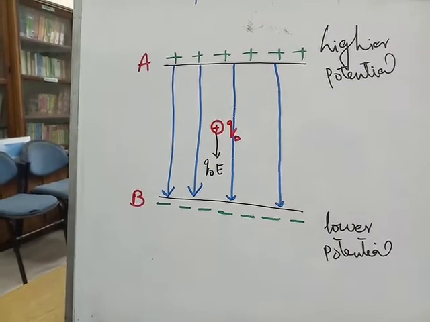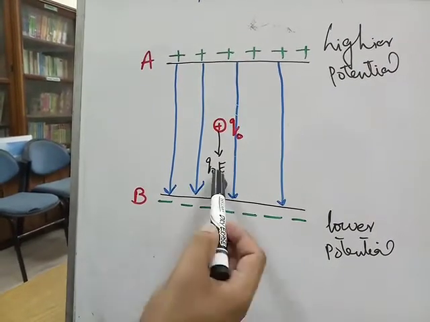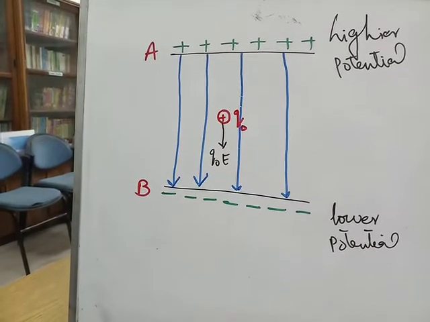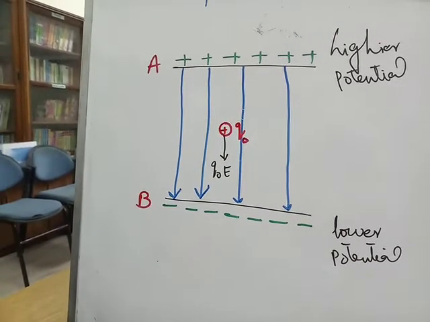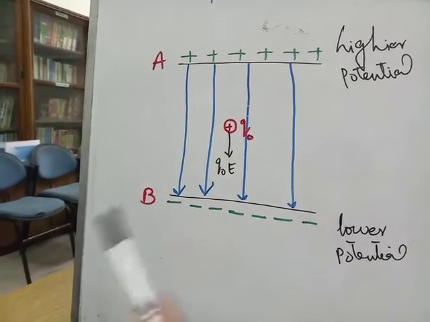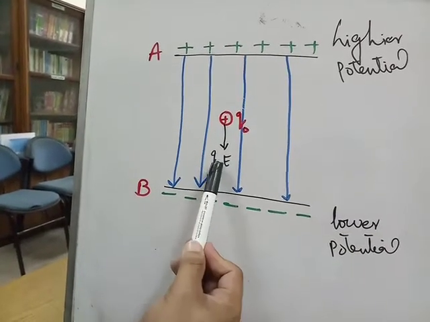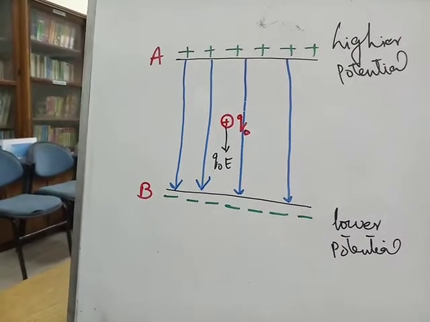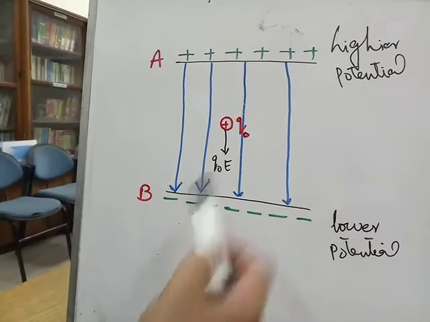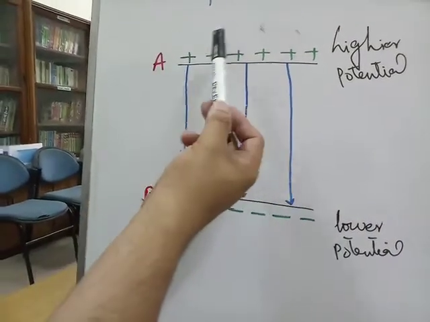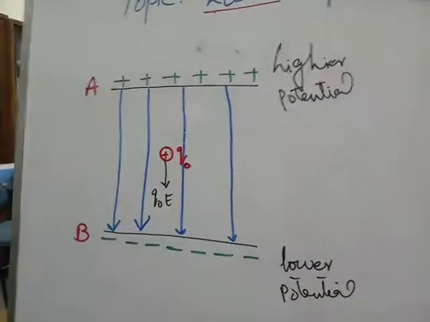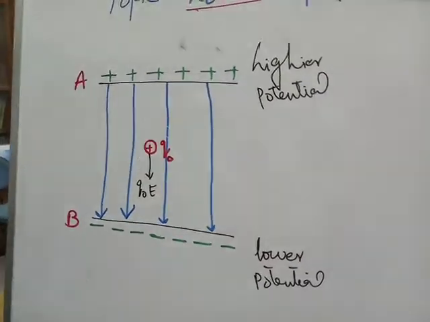This is the electrostatic force, and we described this formula in electric field intensity. We defined in that topic that electric field intensity is the force per unit test charge. So this charged particle moves freely from plate A to plate B and acquires kinetic energy.